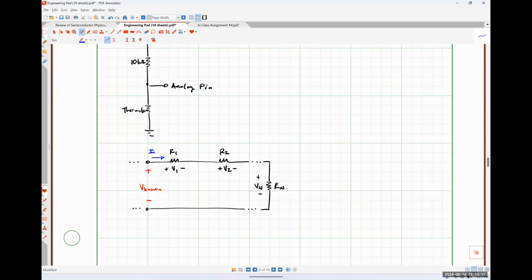There is going to be some current I that's flowing through this series combination of resistances. If our voltage drop V known is anything other than 0, we know that there's a current flowing through from Ohm's law. So, like I said, not really an assumption.